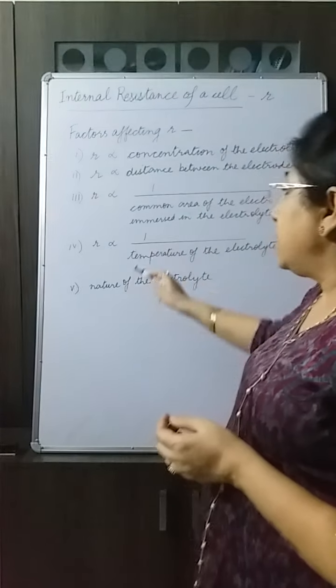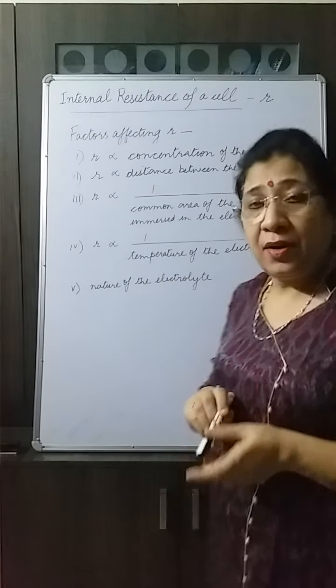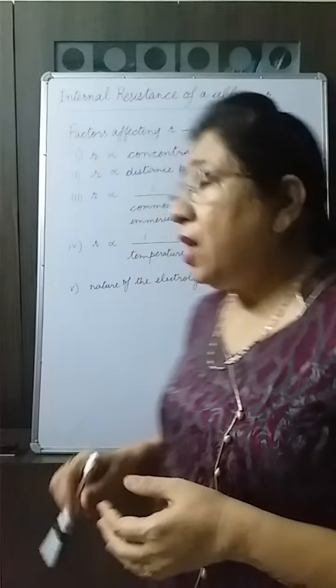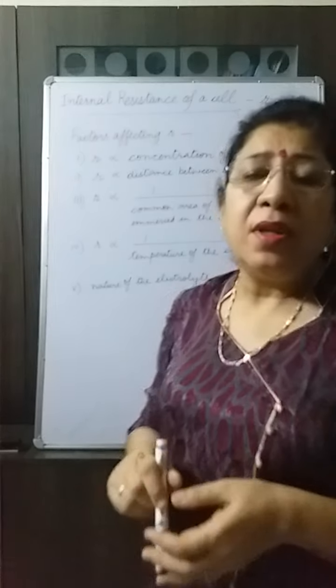Then it is inversely proportional to the temperature of the electrolyte. More the temperature, less will be the internal resistance. And lastly, it depends upon the nature of the electrolyte.